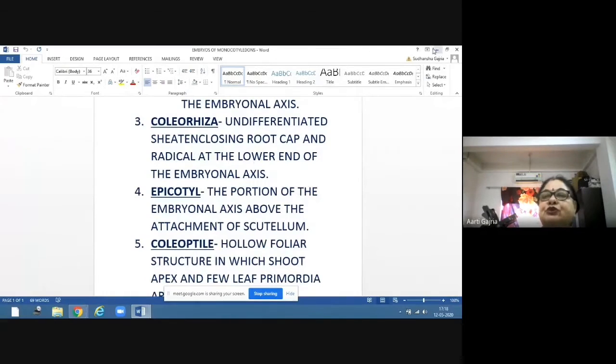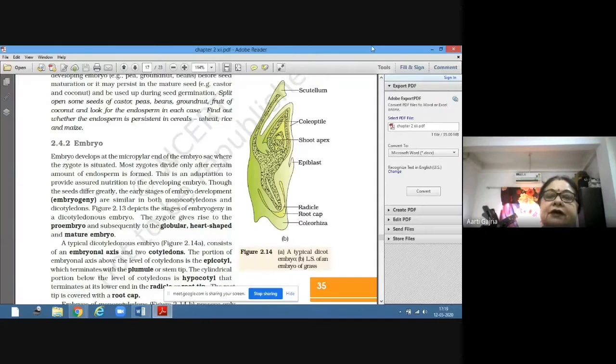Now let me show you the diagram. This is the LS, longitudinal section, of an embryo of grass. Grass is monocot, so this is a typical monocot embryo. Now what structures we have discussed? This is the scutellum, on the lateral side.